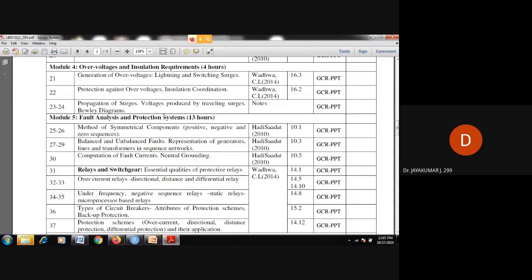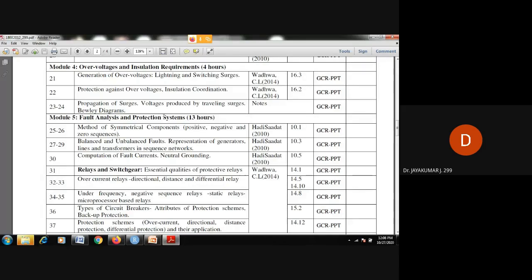I will tell what the first one is: load flow analysis or power flow analysis. That means how much power, real power as well as reactive power, is needed to maintain the load.